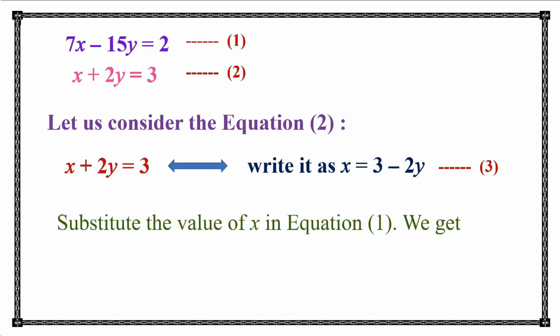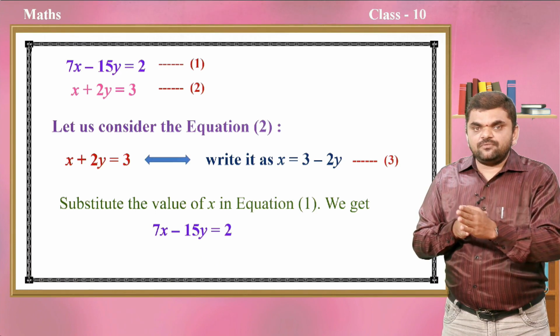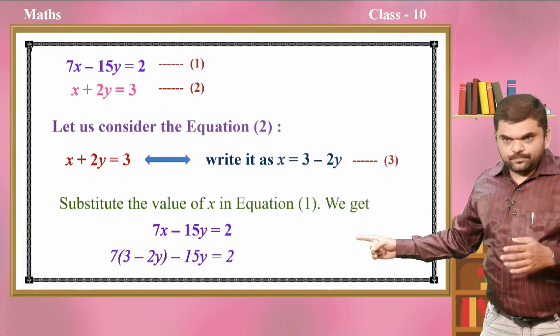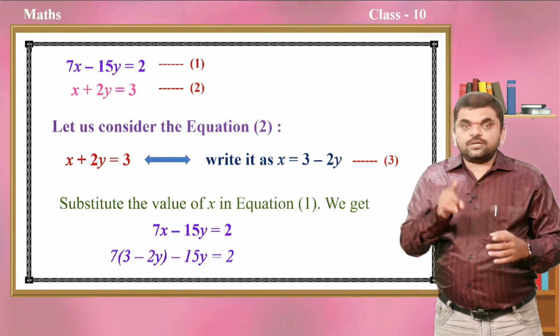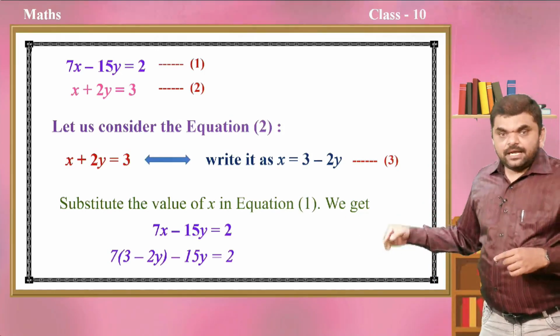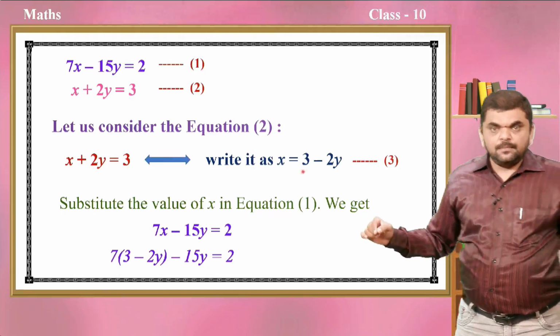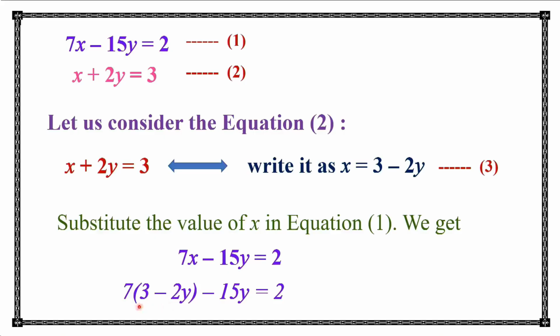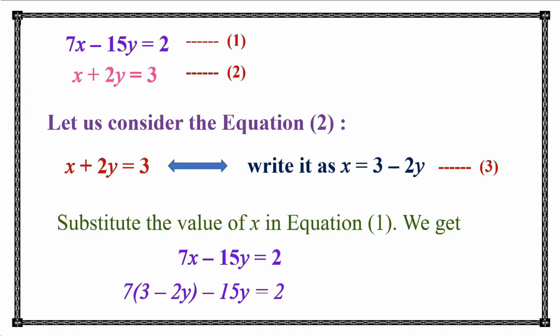Now substitute the value of x in equation number 1. Equation number 1 is 7x minus 15y is equal to 2. We are going to substitute the value of x in this equation. So 7 into (3 minus 2y) minus 15y is equal to 2. Now we multiply 7 with 3 and minus 2y.